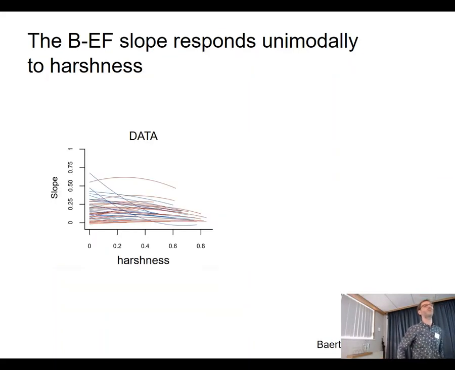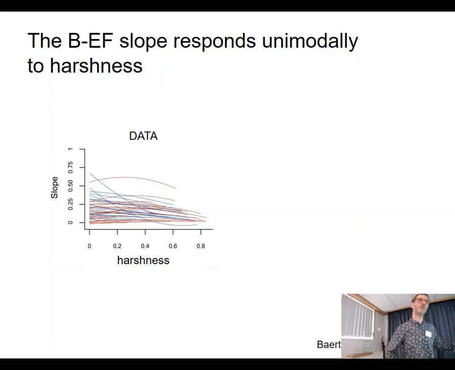This unimodal response, we tested it using a meta-analysis, and we collected more than 50 studies. I admit mostly grassland studies, because this is where we found most data. There are also some marine studies, but those are the studies we did ourselves. And there are two clusters here. There's the red cluster, the blue cluster. The red cluster obeys the unimodal response.